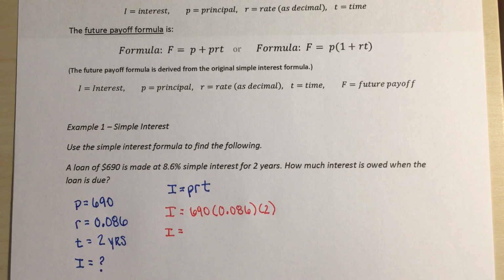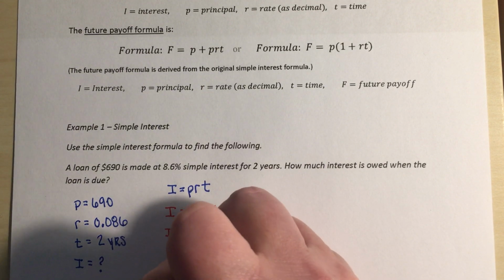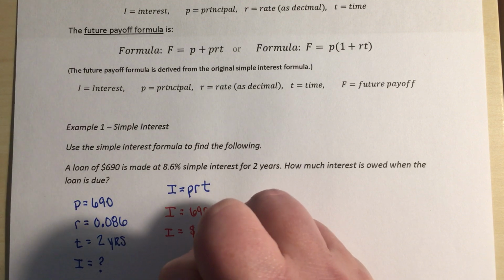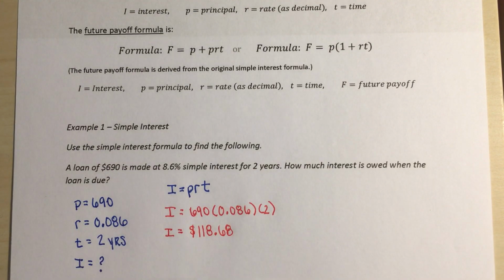We take 690 times 0.086 times 2, and we get 118.68. So our interest is $118.68. This one worked out perfectly with our multiplication. No rounding or anything was necessary. However, if you do end up with something that does need to be rounded, remember as we're going through this section, we're thinking about money. Money should be rounded to 2 place values.